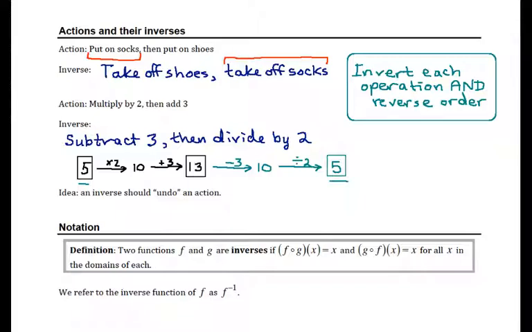The way we're going to define this has to do with functions, of course. So we say that if two functions f and g are inverses of each other, then that means that f composed with g of x is equal to x. So remember that this is composition of functions. That's what that little circle means.